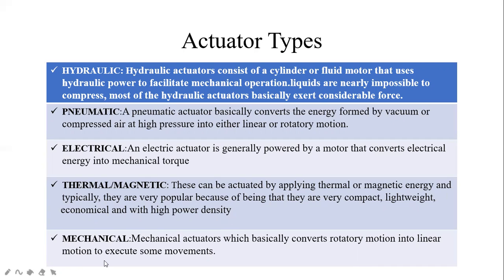What is fifth one? Fifth one is your mechanical. Mechanical actuator basically converts rotatory motion into linear motion to execute some movement. So again, mechanical actuator is based on some mechanical energy.